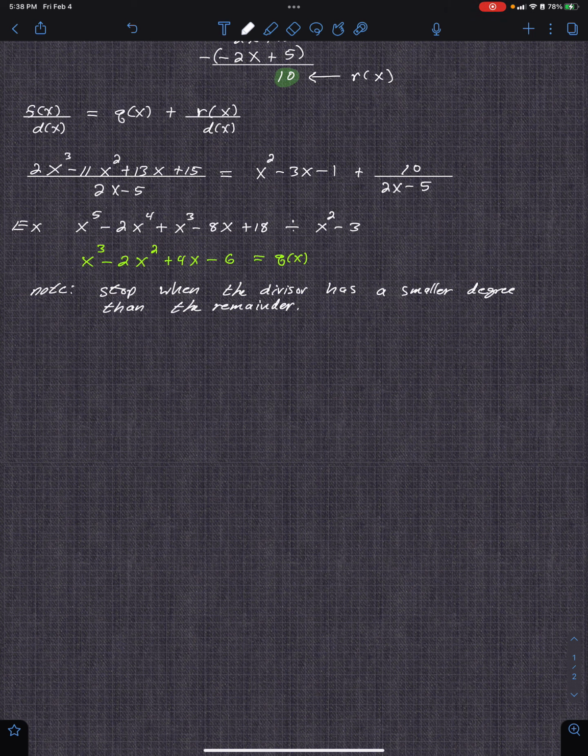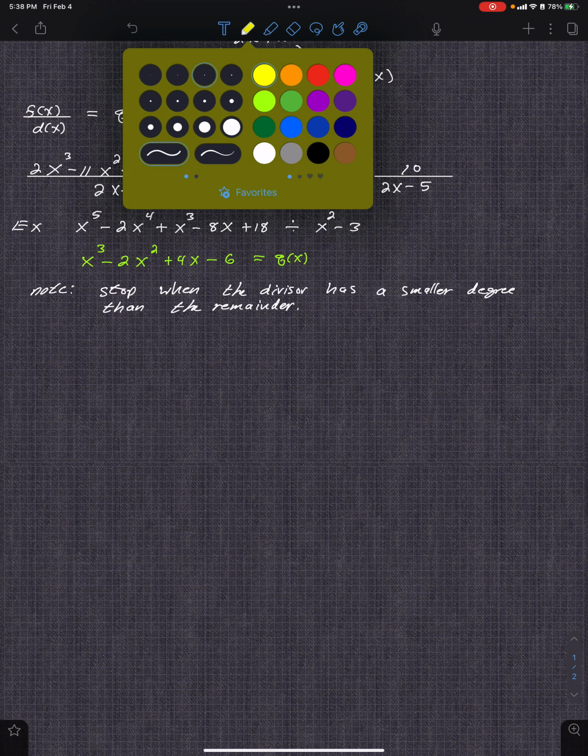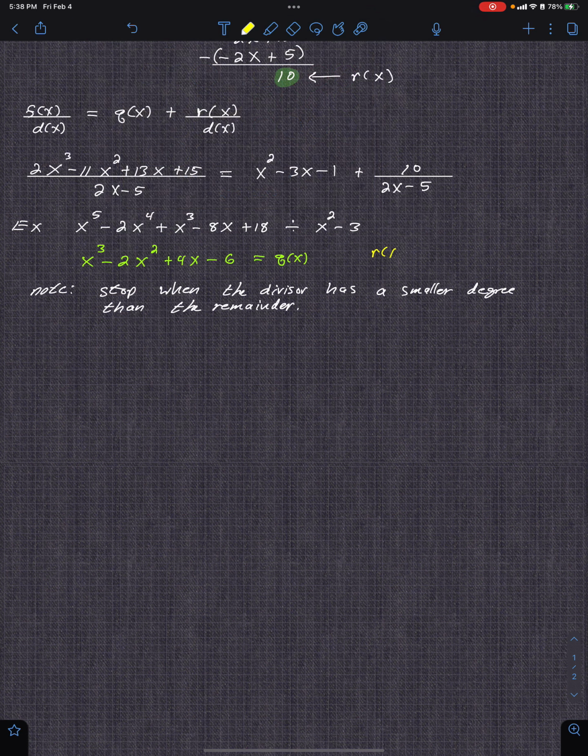And that's what will happen when you go through this. Just to verify your remainder, what's your remainder? Anybody got that one? You end up getting r of x is equal to 4x. And then you can see that 4x is smaller in degree. This is degree 1.